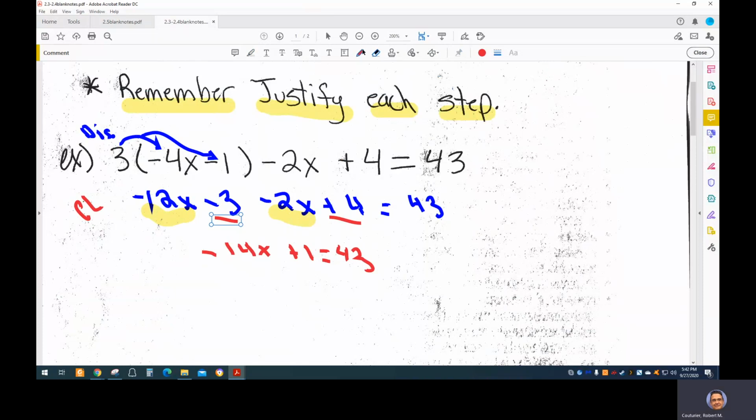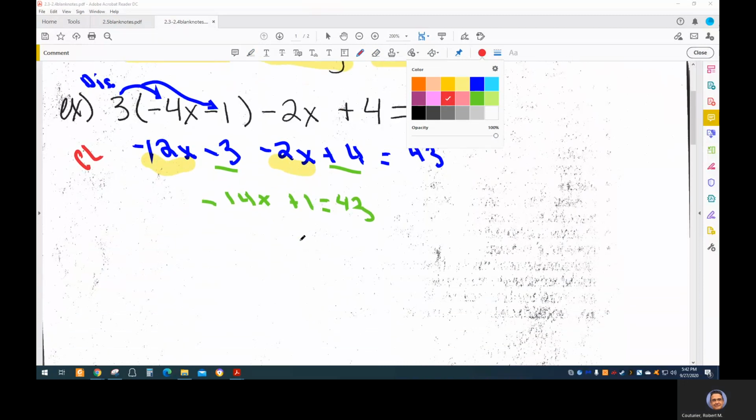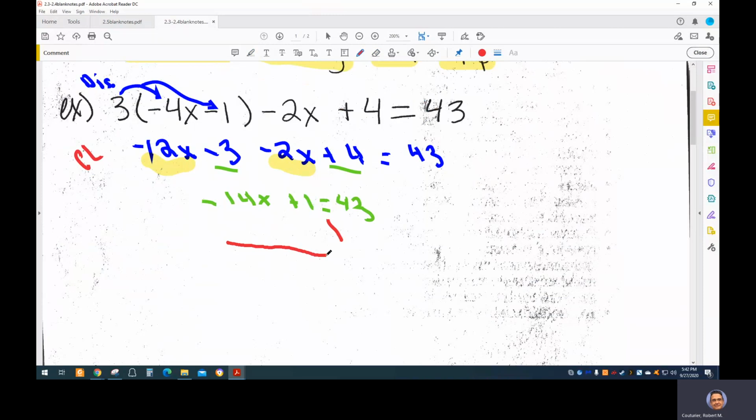Now we need to switch colors one more time. Let's go to green. So now we look at this and we have to draw our scales. This is our variable we're trying to solve for.